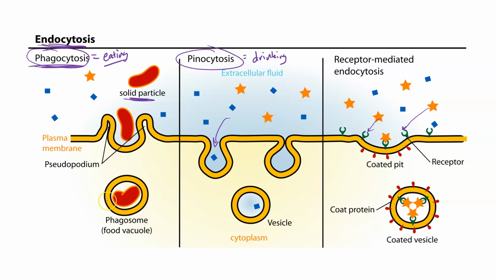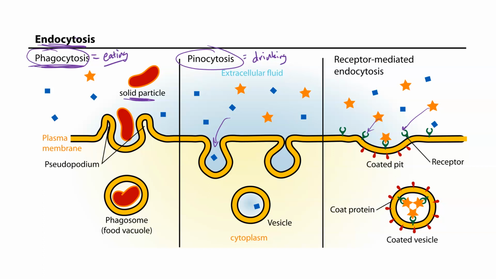Okay, so this is bringing in food per se, solid particles, this is bringing in fluid, drinking per se, and then this is bringing in a specific set of receptor-mediated signals that we're then going to utilize within the cell to cause some form of functioning to happen.